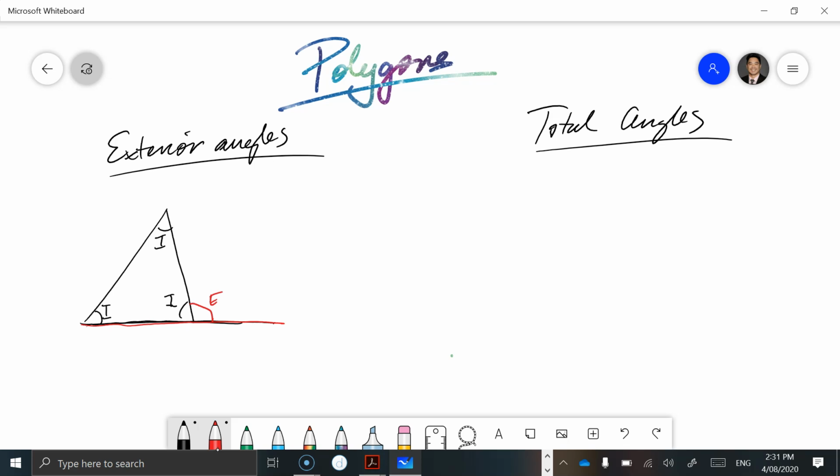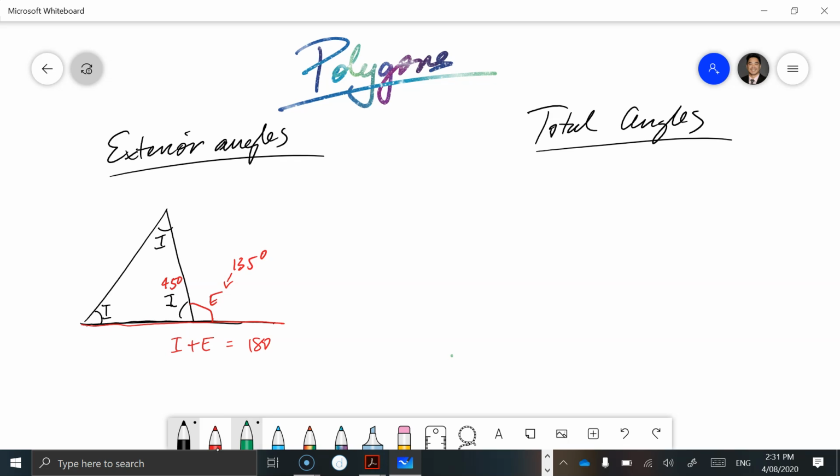Your interior plus your exterior is going to be supplementary, which equals 180 degrees. So let's say if this was 45 degrees, then obviously this one's going to be 135, which supplements it. Complementary angles add up to 90, but you'll just need to think about that.